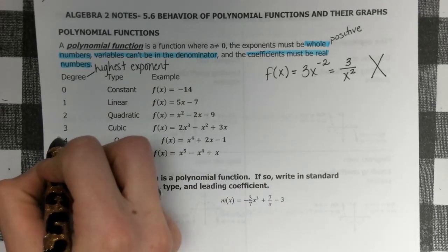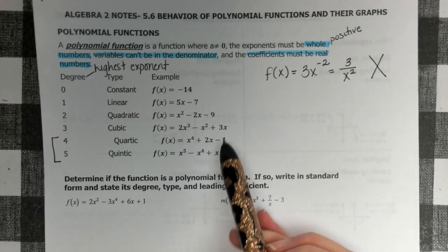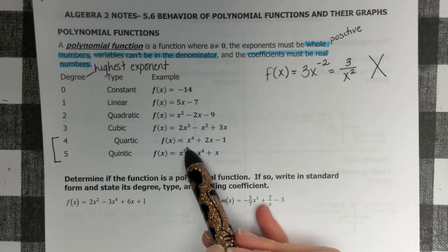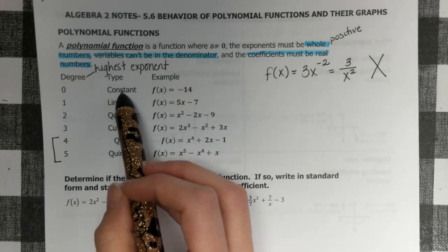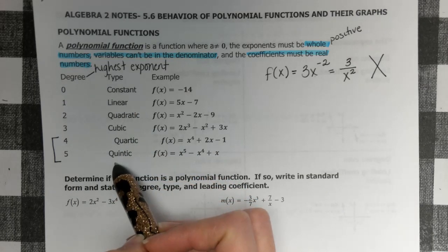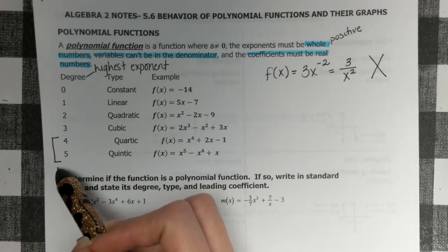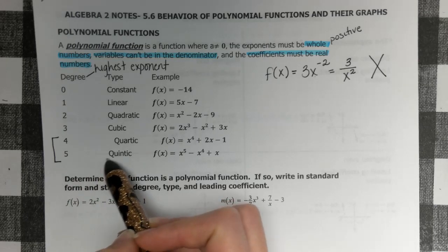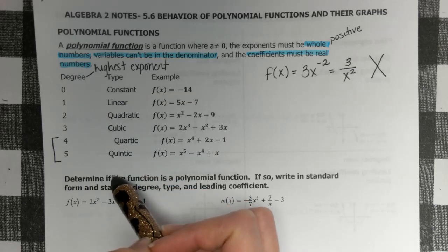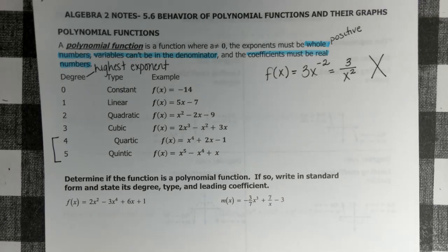The only ones that are new for most people are a quartic, which is x to the fourth, or quintic, which is x to the fifth. You will have to know what these types are according to their degree. On the test or the quiz that you're going to have over this, I'm not going to provide you with this, so you're going to have to memorize it. Put a star if you need to, whatever you need to do to memorize that.